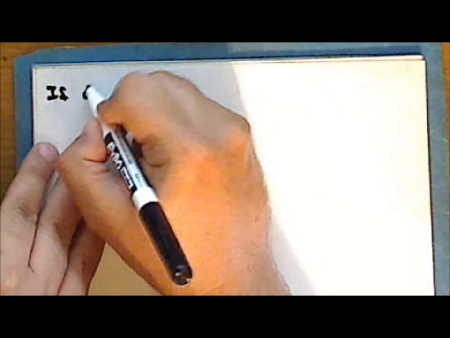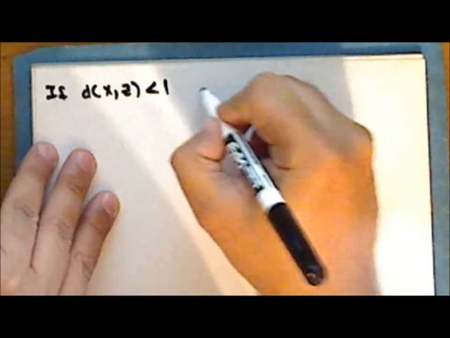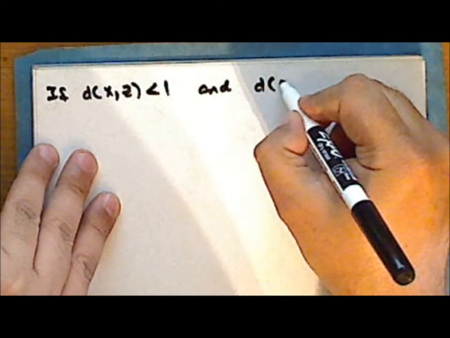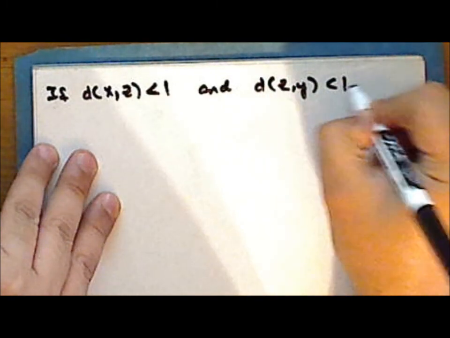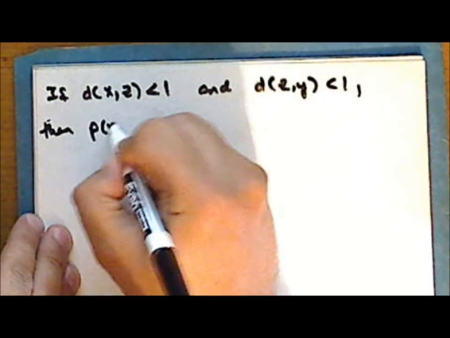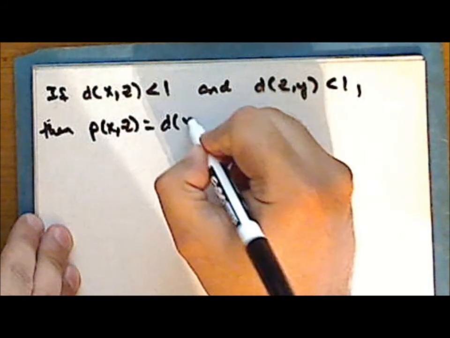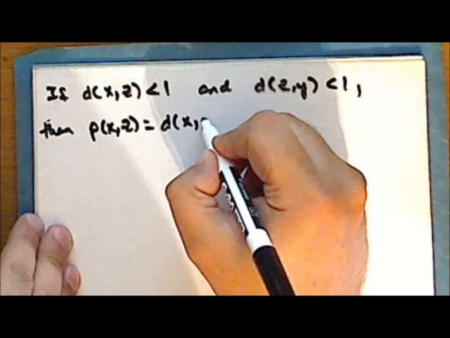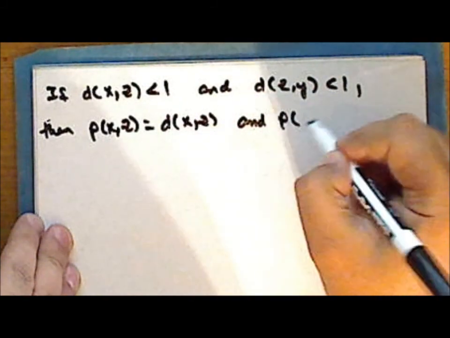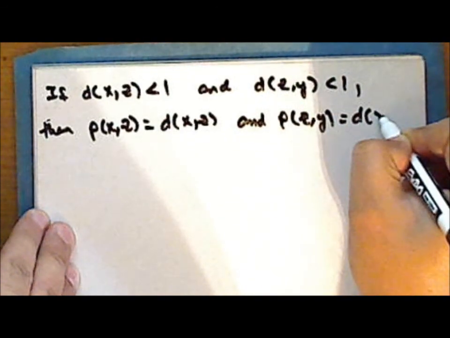Then rho of xz is equal to the distance from x to z under the metric d, and rho of zy is equal to d of zy.